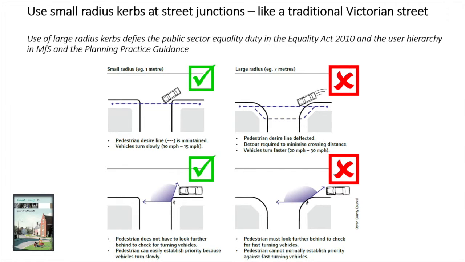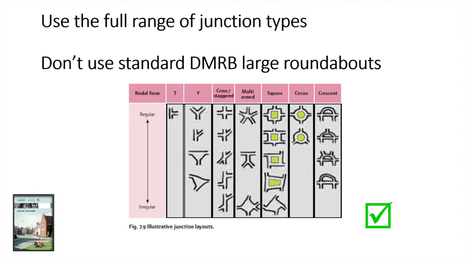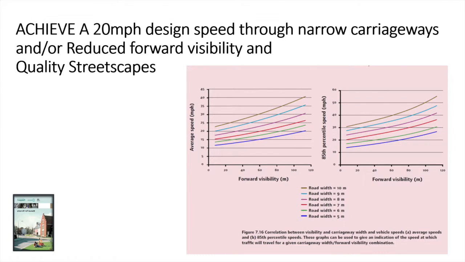Don't use just staggered junctions in your urban areas. Use all of the junctions that are available. T-junctions, Y-junctions, roundabouts, squareabouts, triangularabouts, you name it. Include them. Achieve safety, speed control by narrowing carriageway width and reducing forward visibility.